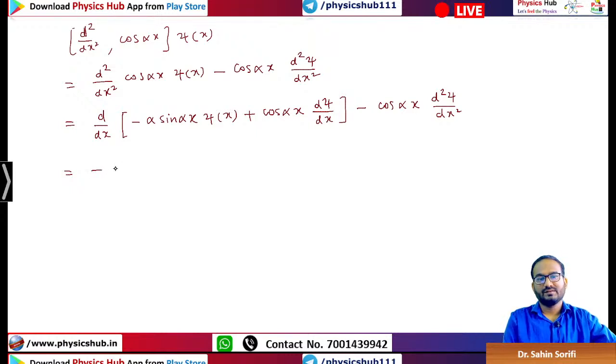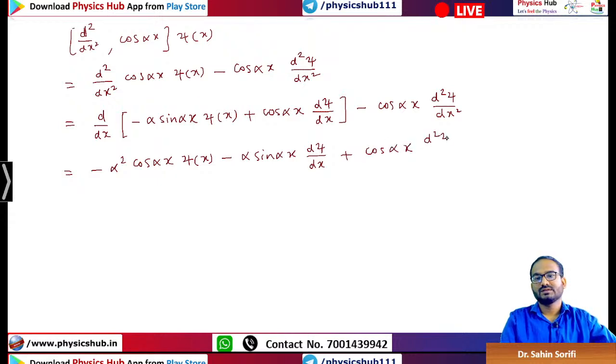So this is minus alpha square cos alpha x psi x. Another term will come, minus alpha sin alpha x d psi by dx. This one plus cos alpha x d square psi by dx square, and minus alpha sin alpha x d psi by dx minus cos alpha x d square psi by dx square.